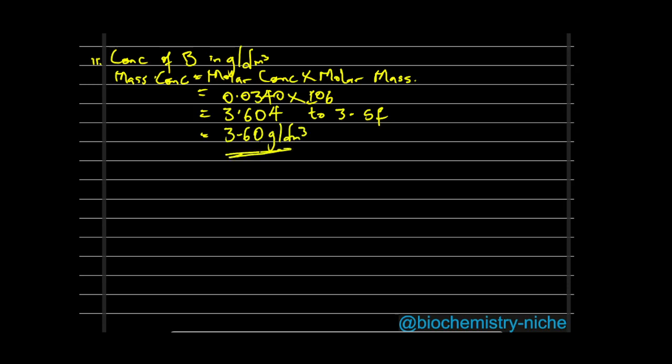So that is the mass concentration of B in grams per dm cube. Let me put this so we don't get confused.